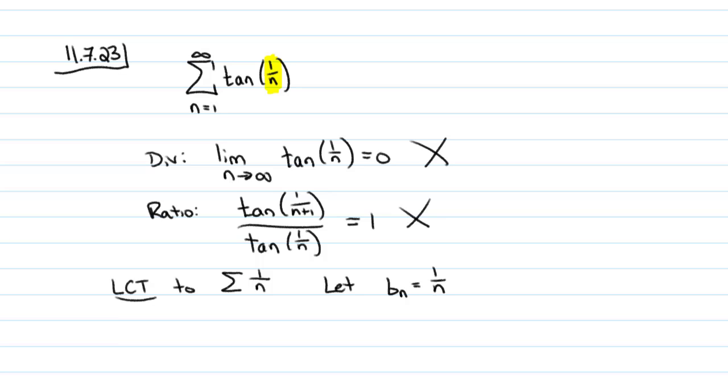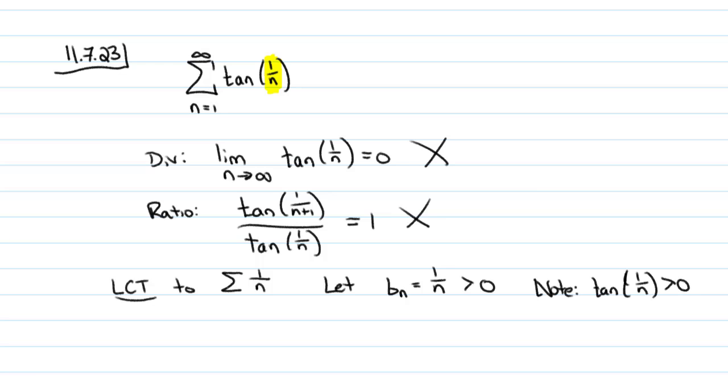Now remember, to use a limit comparison test, you need both of your sequences to be positive. B sub n is already positive. And note, tangent of 1 over n is actually positive as well.